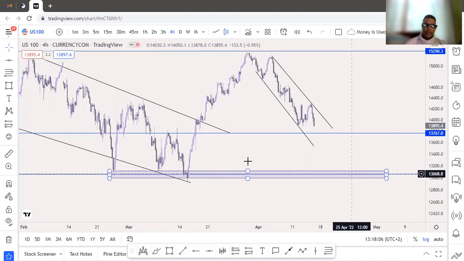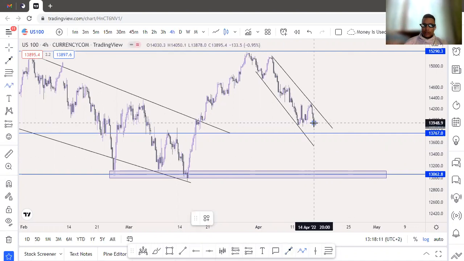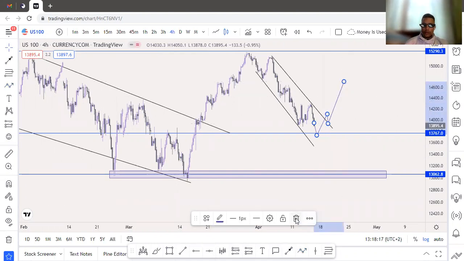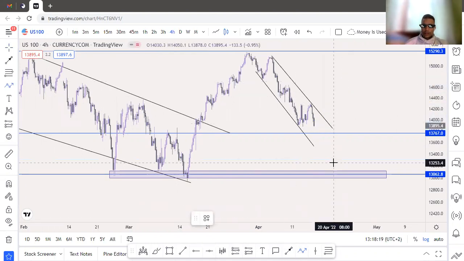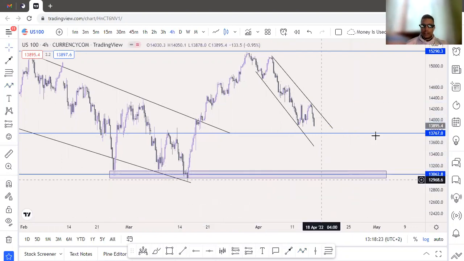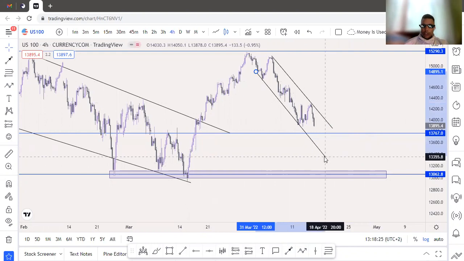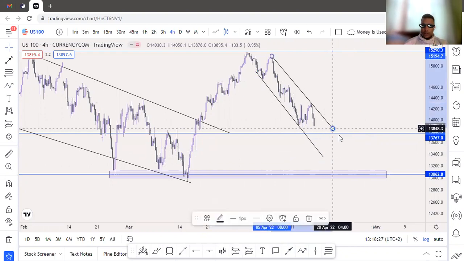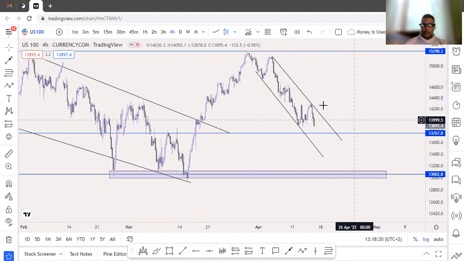So basically, if the market does not give me something like this over here, I'll be looking for buying opportunities here, obviously. But rest assured that the market can do something like this as well. So you trade what you see, don't trade what you think you see.